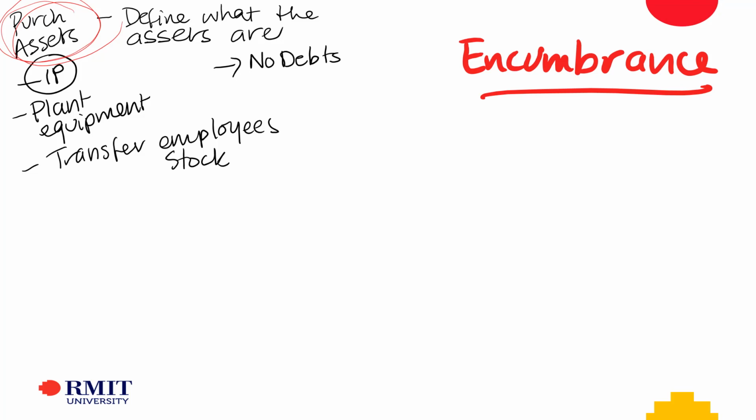So sometimes, even though we tend not to use the language encumbrance, part of that is about ensuring that the assets being transferred are held by the vendor in such a way that they are able to transfer both the legal and the beneficial interest.